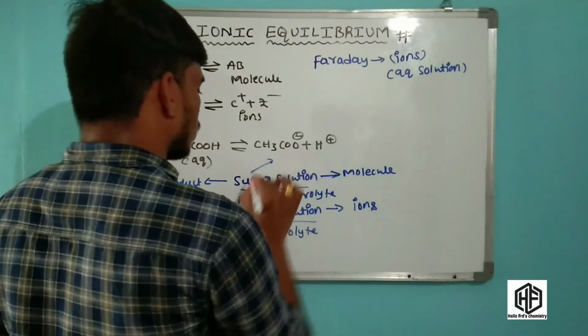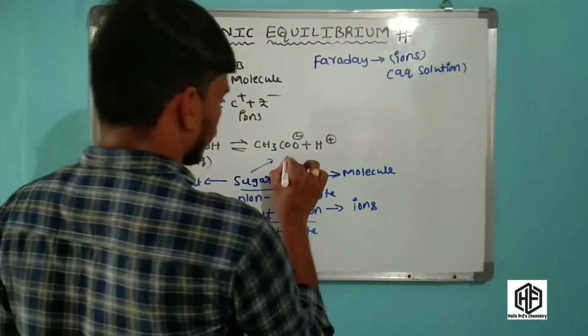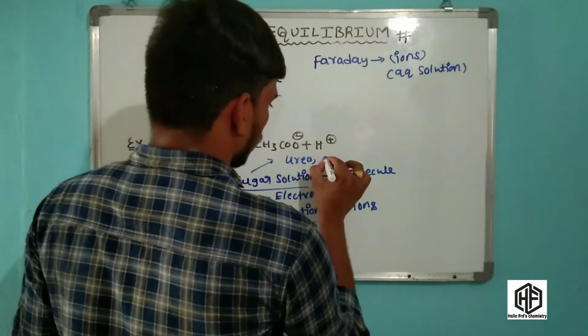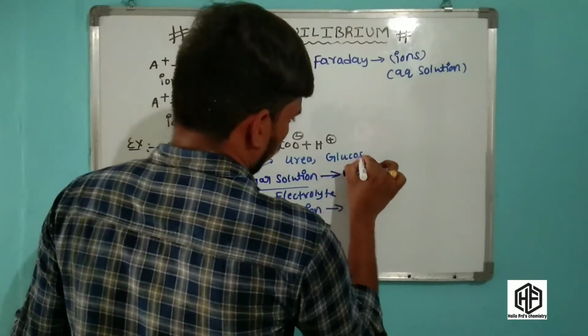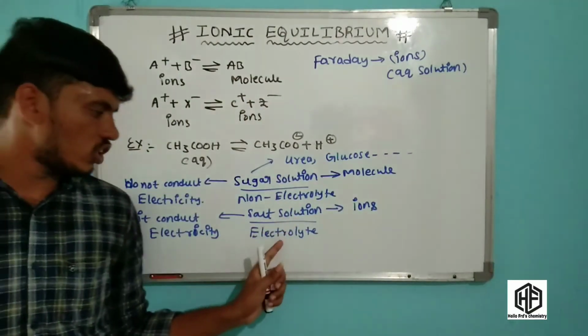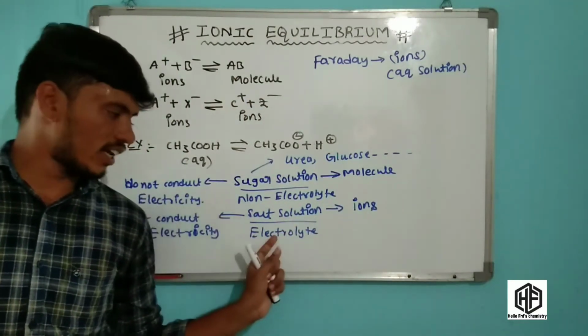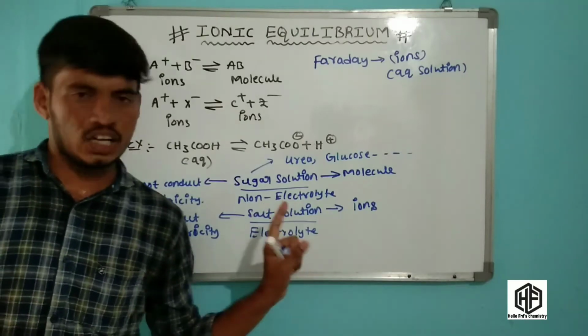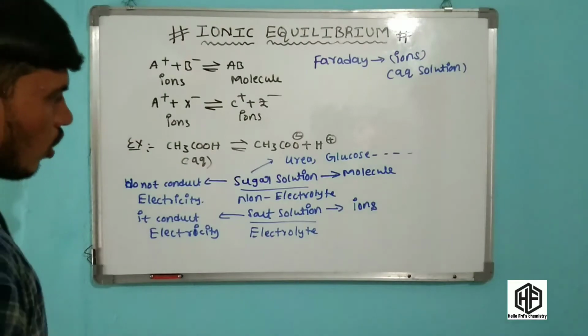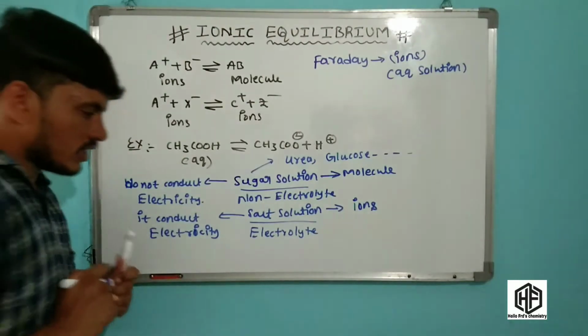Examples of sugar solution are urea and glucose and so on. But in salt solution, ions are produced to conduct electricity, and that is called an electrolyte. This is the concept.